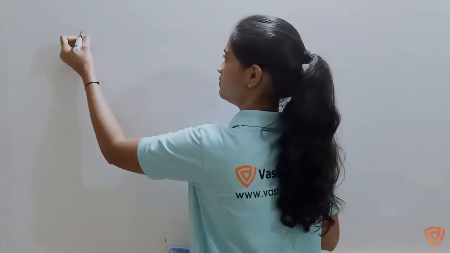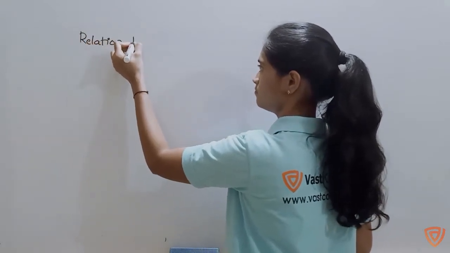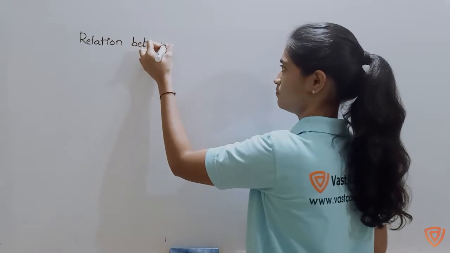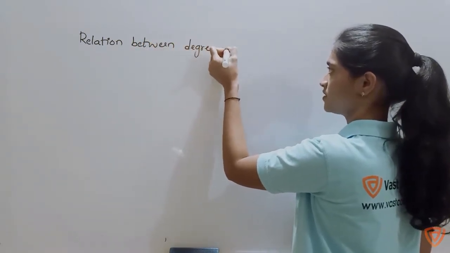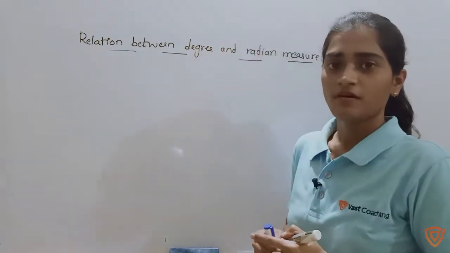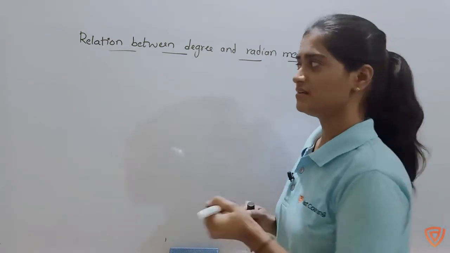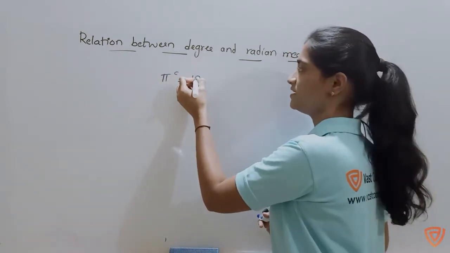Relation between degree and radian measure. Just now we have seen that pi radian is nothing but 180 degrees.